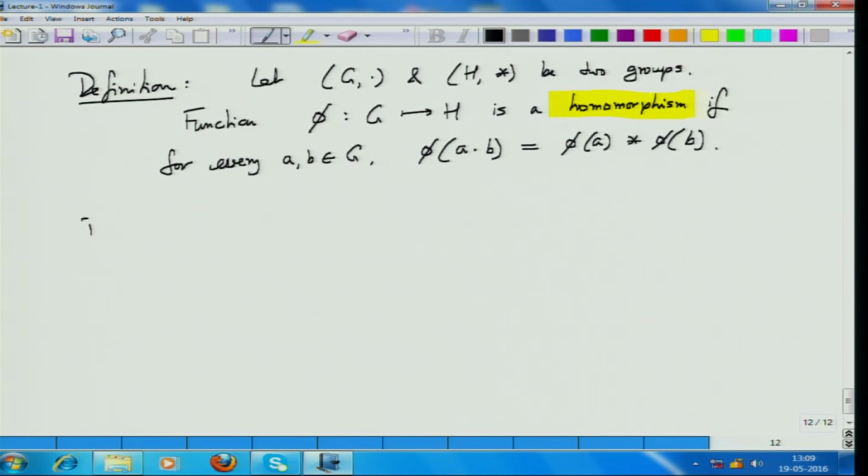And then comes the second definition. In a homomorphism, it is not necessary that the mapping phi is one-to-one or onto.